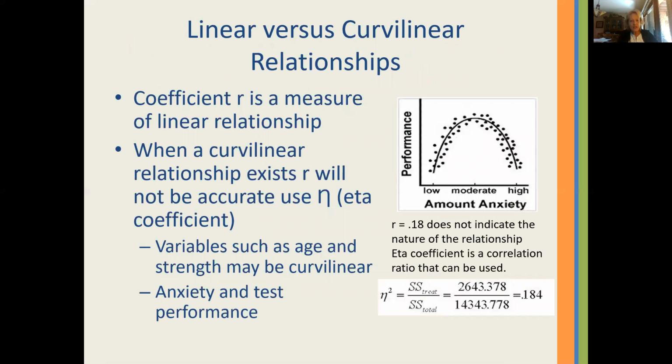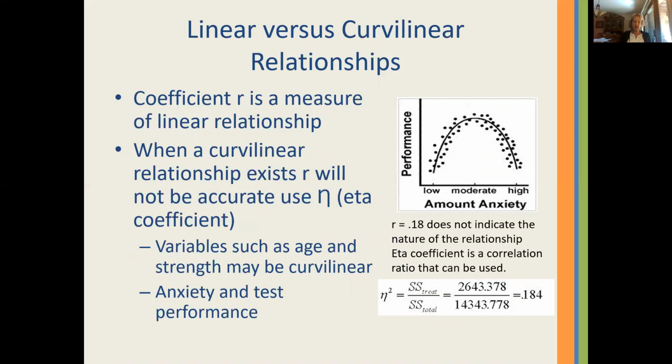The other thing we have to keep in mind is you can have a linear relationship between two variables, or you can have a curvilinear relationship between two variables. The coefficient R is a measure of the linear relationship, but when a curvilinear relationship exists, R won't be accurate.